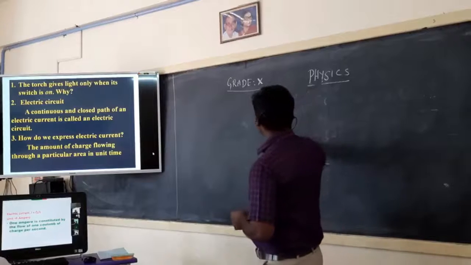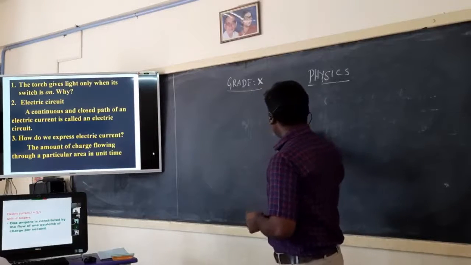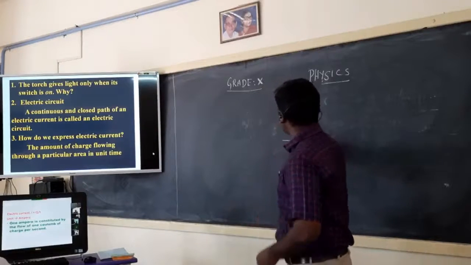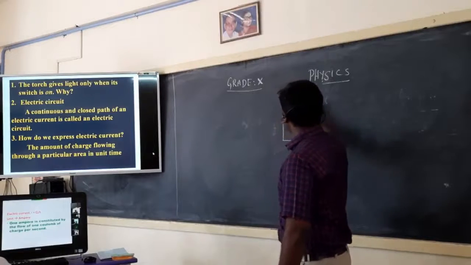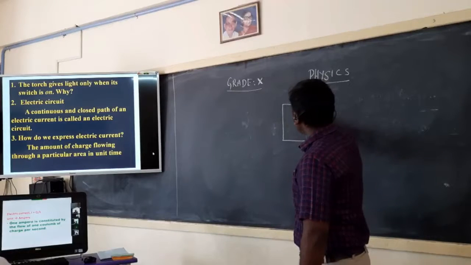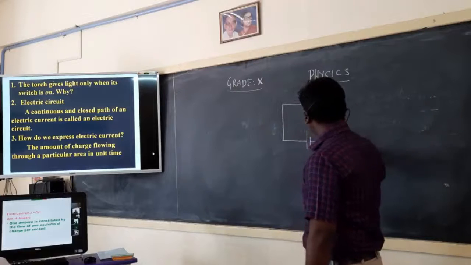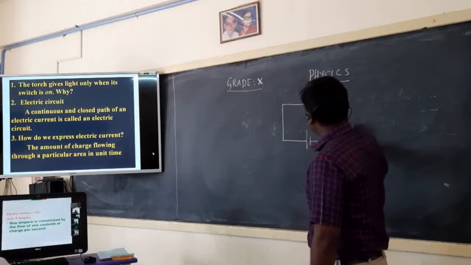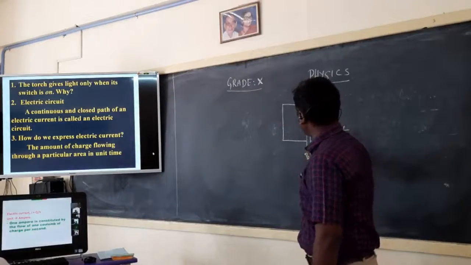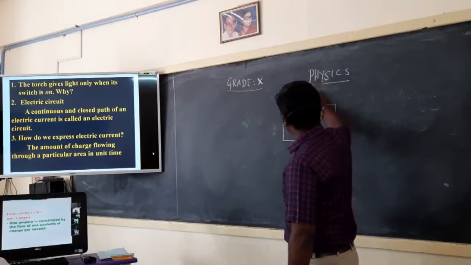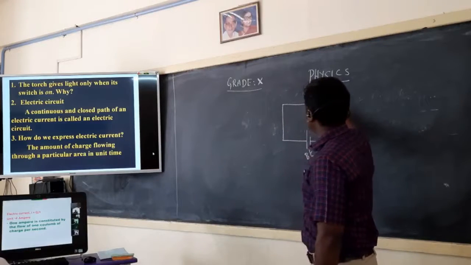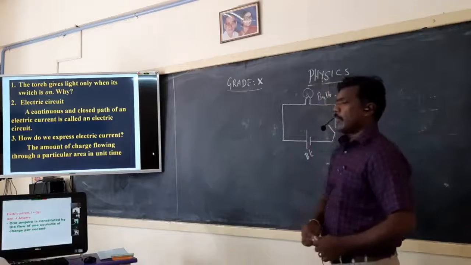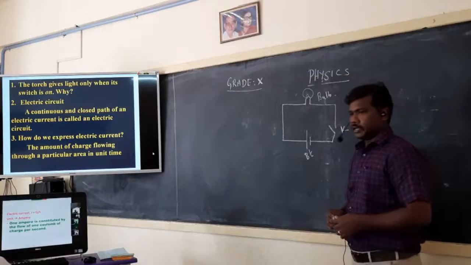Now we consider a simple electric circuit. Now I make a simple electric circuit with the help of a single battery, and here I am using a key, one battery and one bulb. Okay, so this is a simple electric circuit.